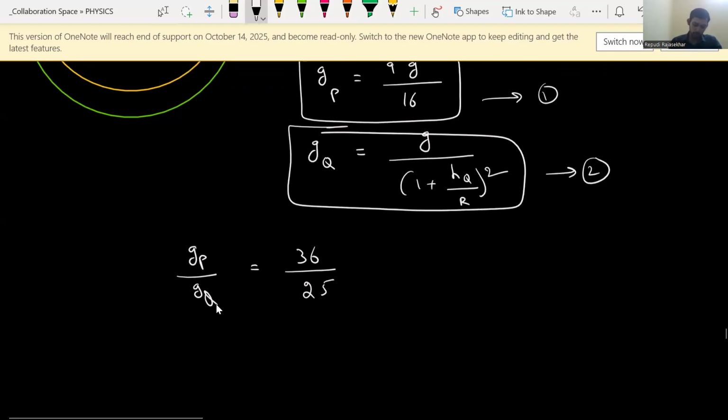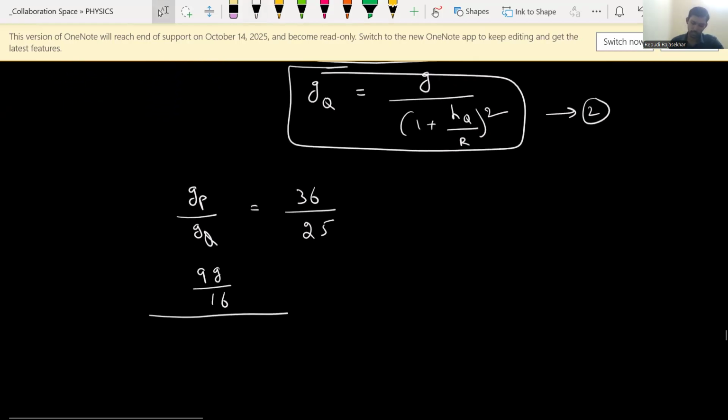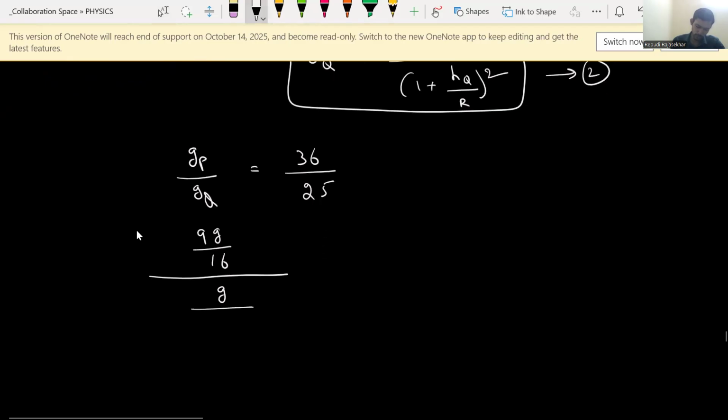So GP value is how much? 9G by 16 divided by GQ value, G by (1 plus HQ by R) whole square, equals 36 by 25.